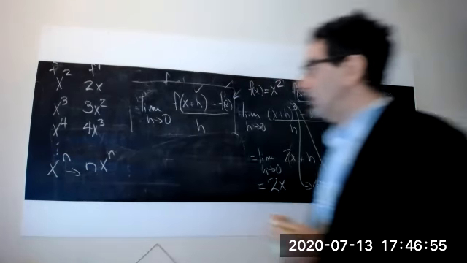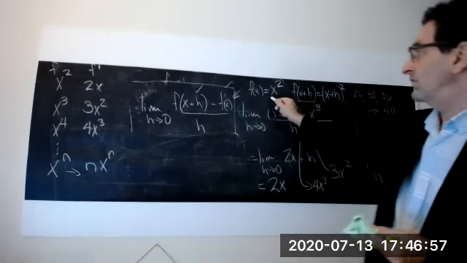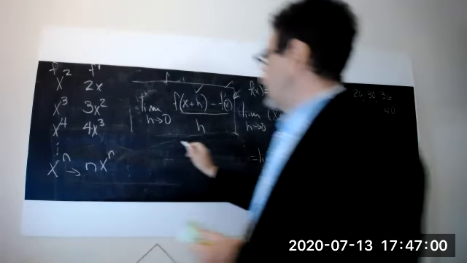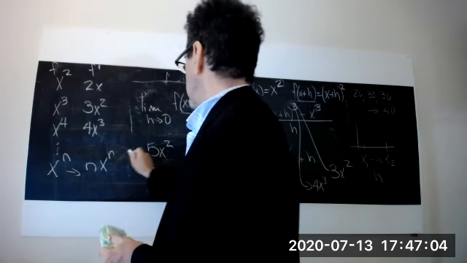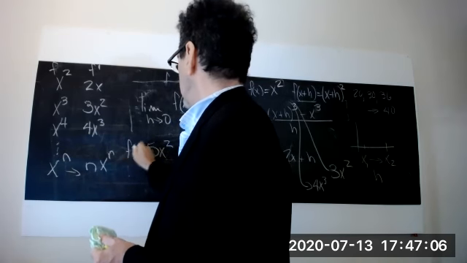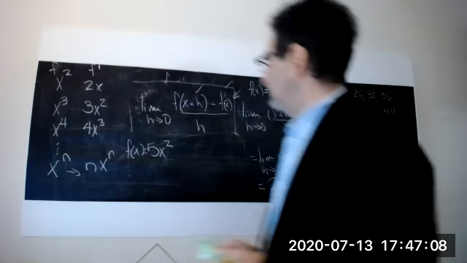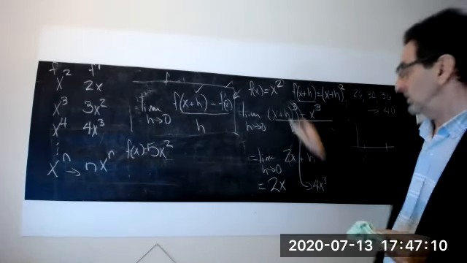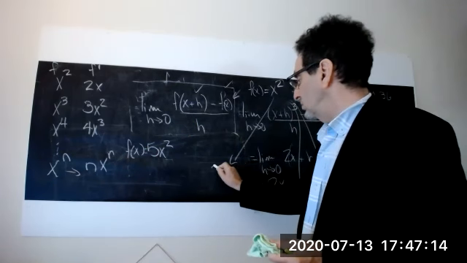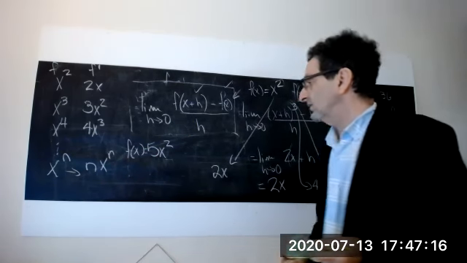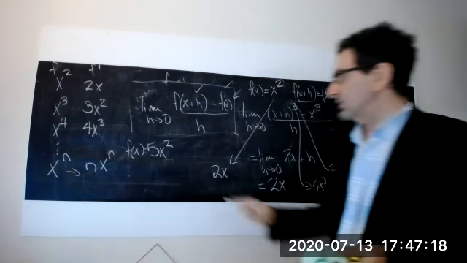Suppose the original function was not x squared, but 5x squared. That was the original function, and you want to find the derivative of that. And we already found the derivative of x squared was 2x. Now you might say, well, what's the derivative of this?